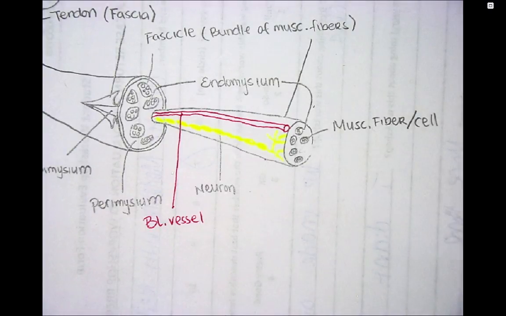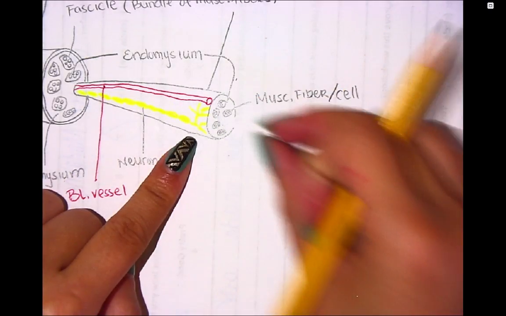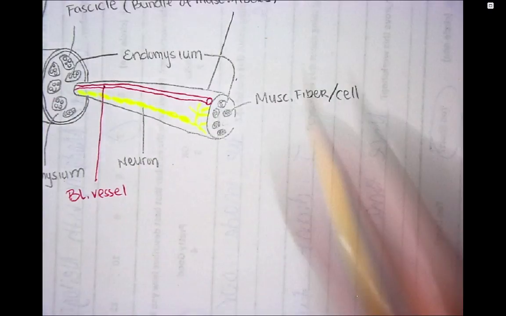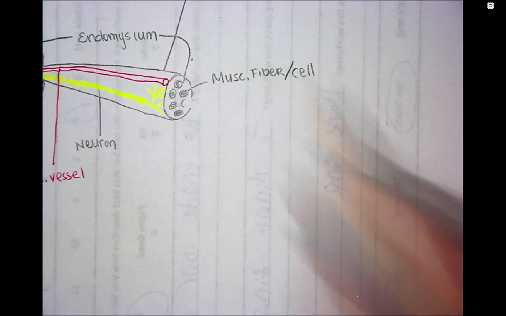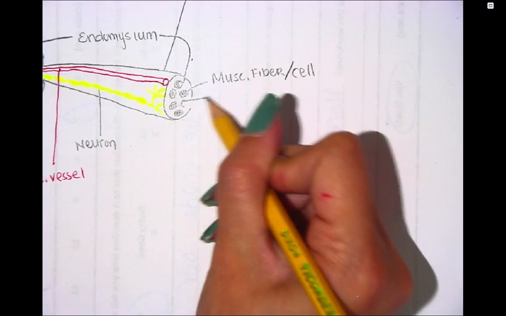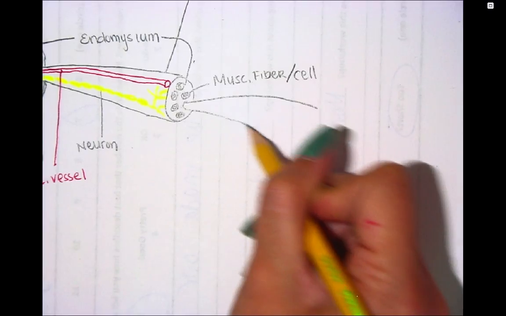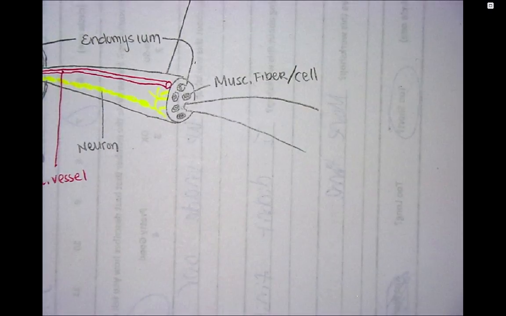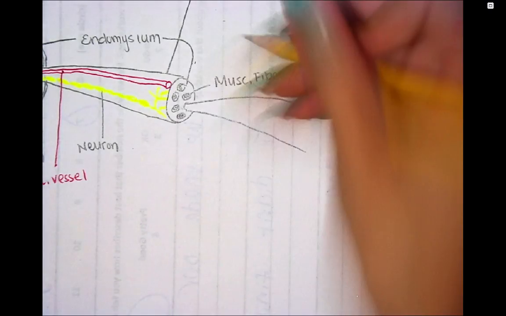This is where it gets a little bit trickier. So we're going to take a muscle fiber and we're going to pull it out of that fascicle. So we're going to take one and we're going to pull it out. And let's go ahead and relabel this.